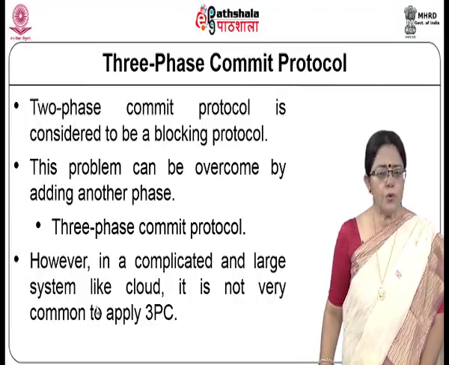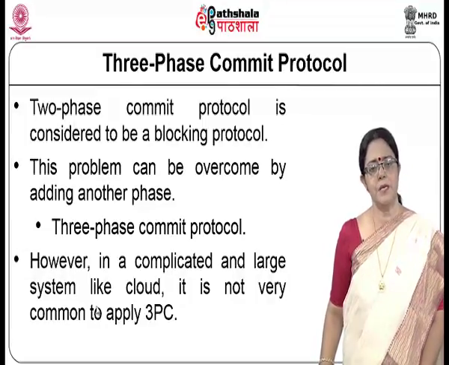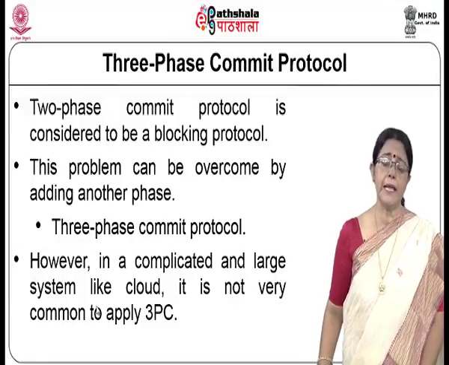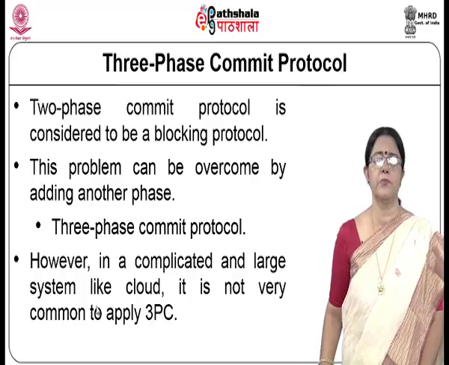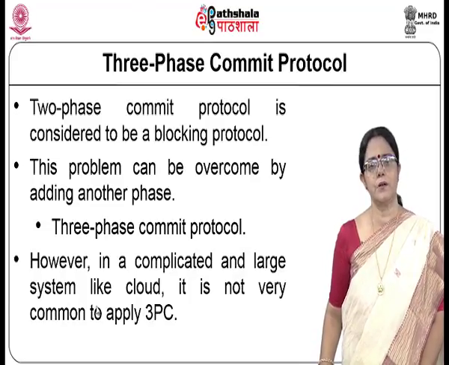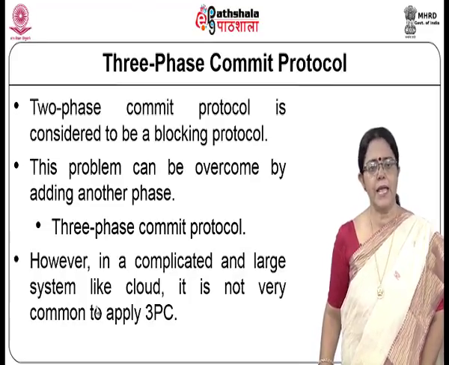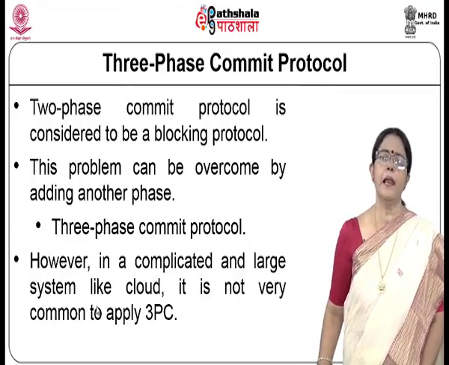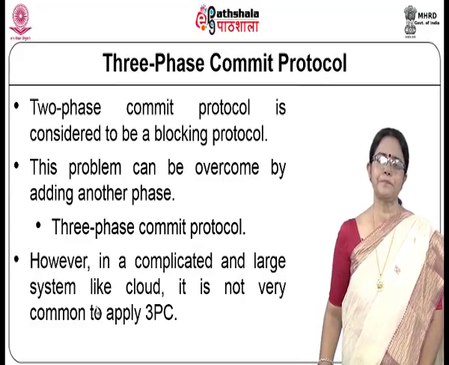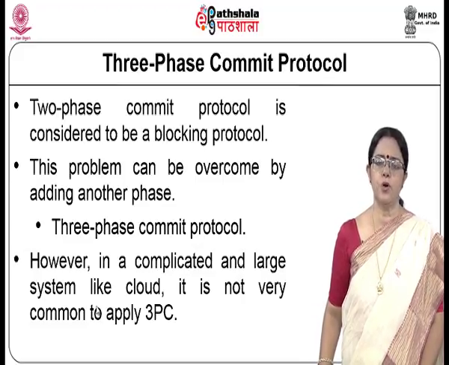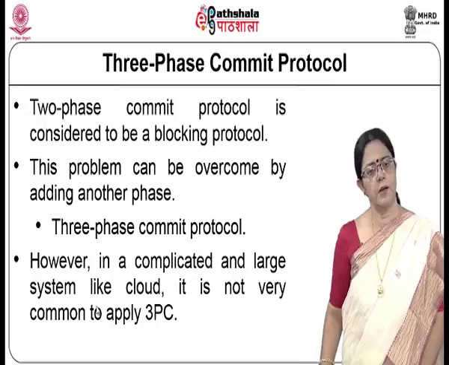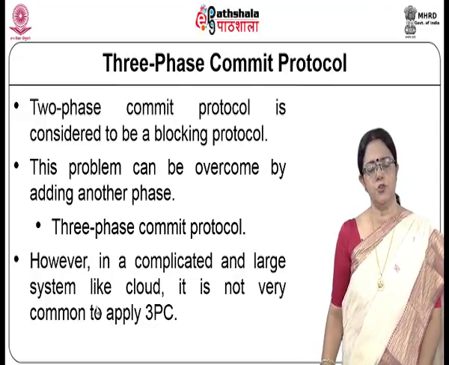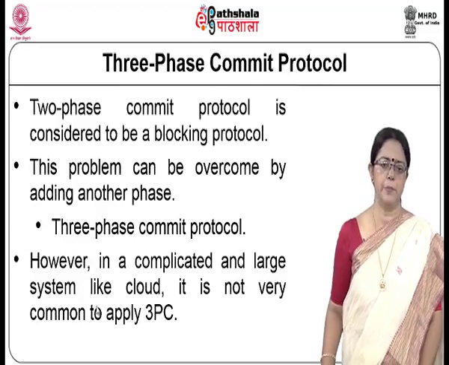But the more complex we create our systems, the more time it takes, and in many cases where there are no coordinator failures, all those additional phases have to be executed, and it does not make much sense. So, typically cloud-like systems which are very large do not opt for the three-phase commit protocol, but many of them do take a two-phase commit protocol or a similar protocol.